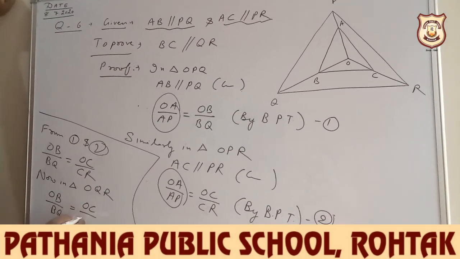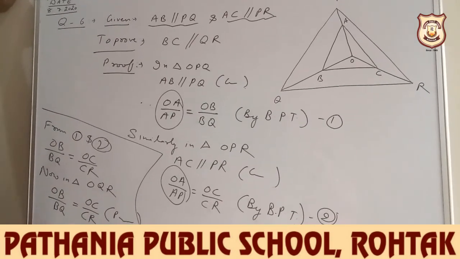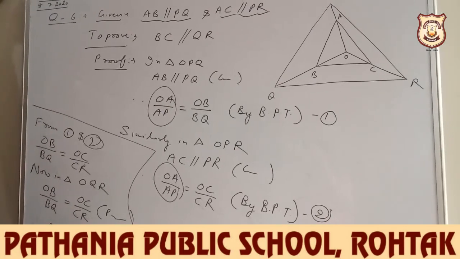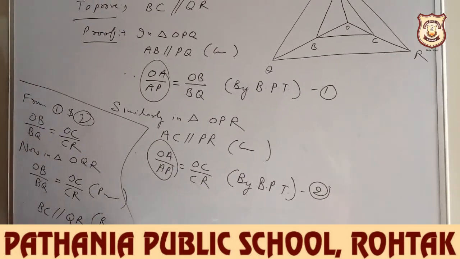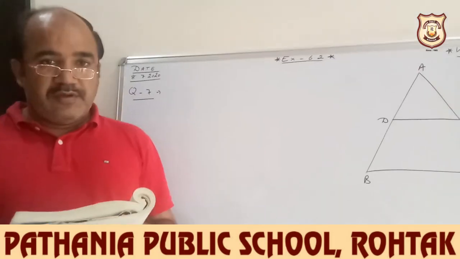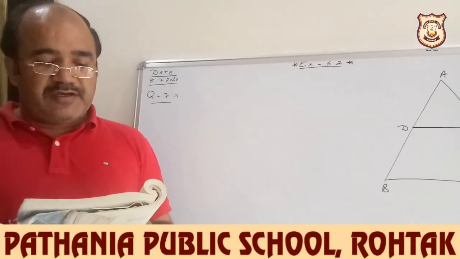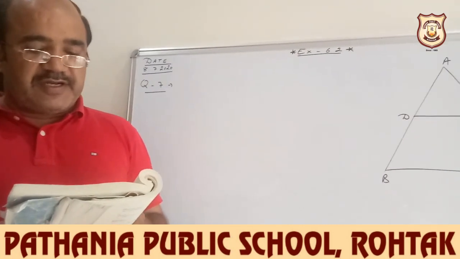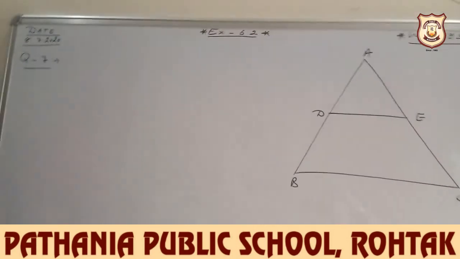Now in triangle OQR, OB upon BQ equal to OC upon CR, proved above. Therefore, BC is parallel to QR. Why? By converse of BPT. Hence, it is proved.